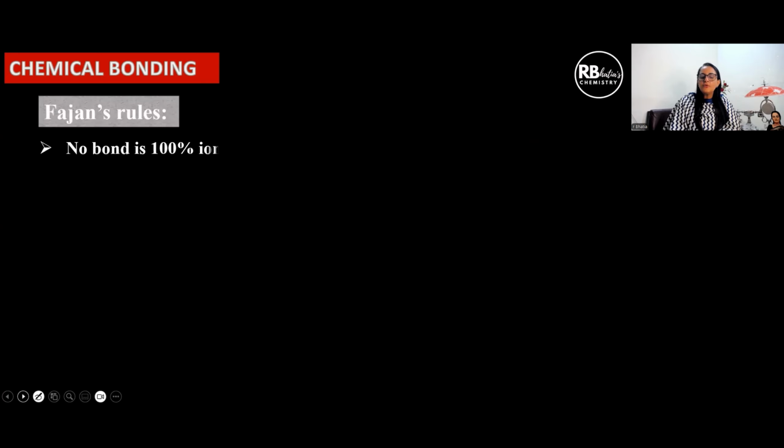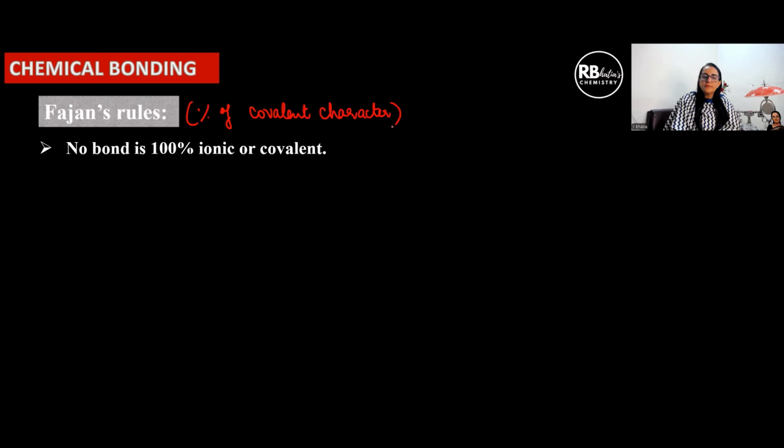Now next we have Fajan's rule. Fajan's rule basically will help us to find out the percentage of covalent character in an ionic bond. And no bond is 100% ionic or covalent.